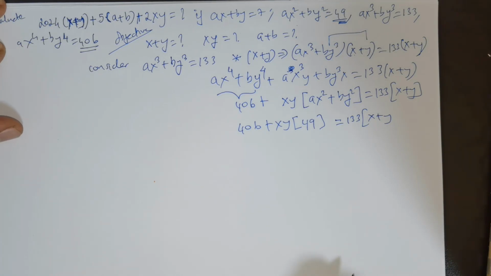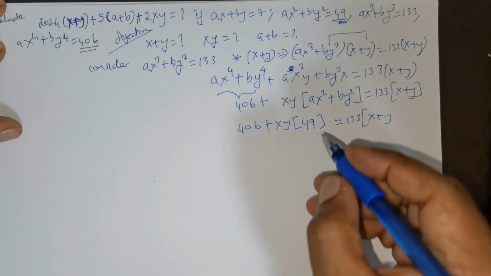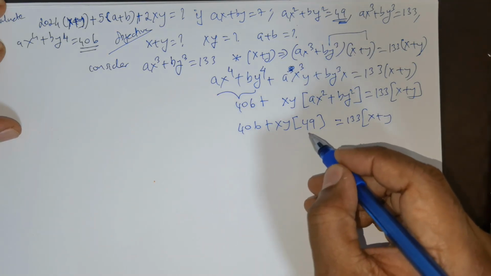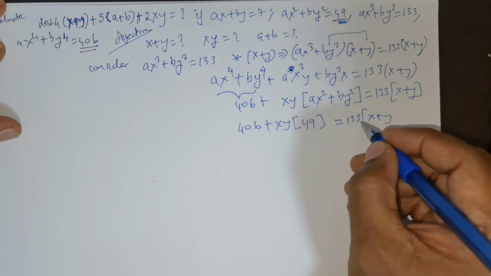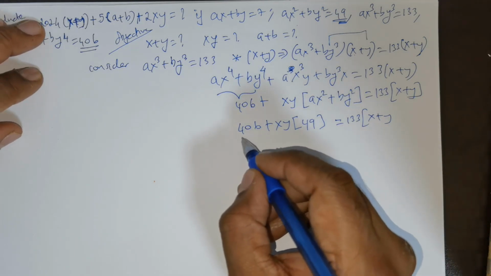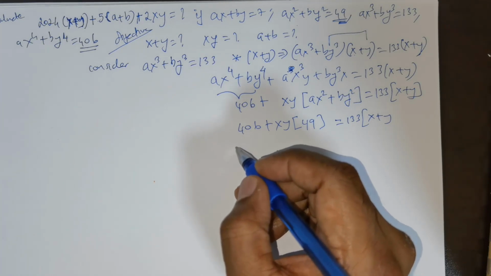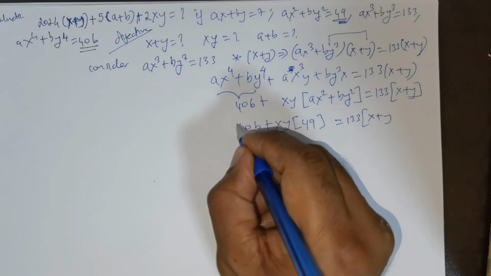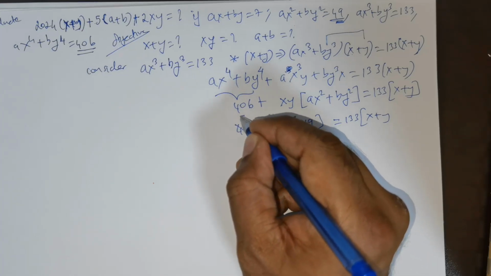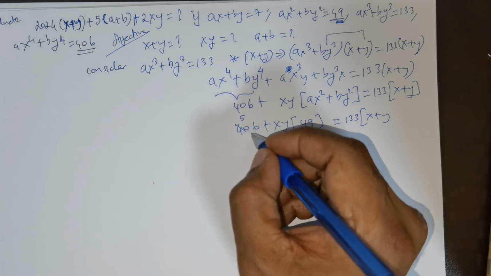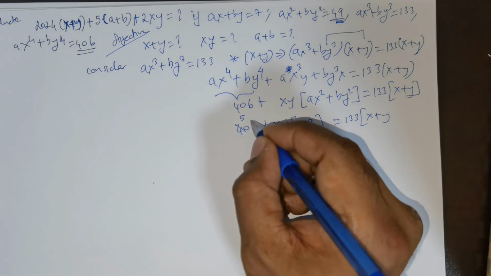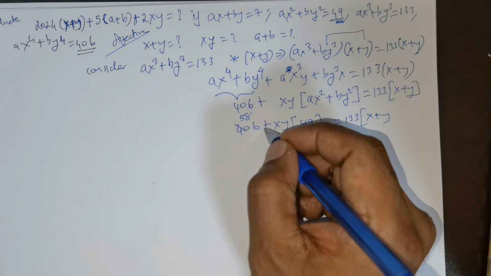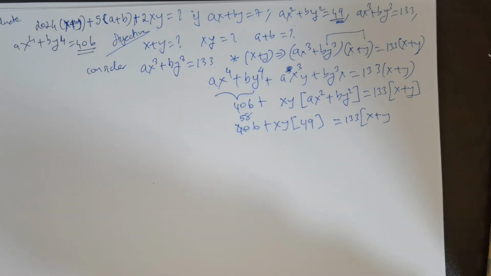So what I would do is, this is divisible by 7 and this is also divisible by 7. 7 fives are 35, you get 5 remainder, this is 58, right? That is the value that we are getting there.